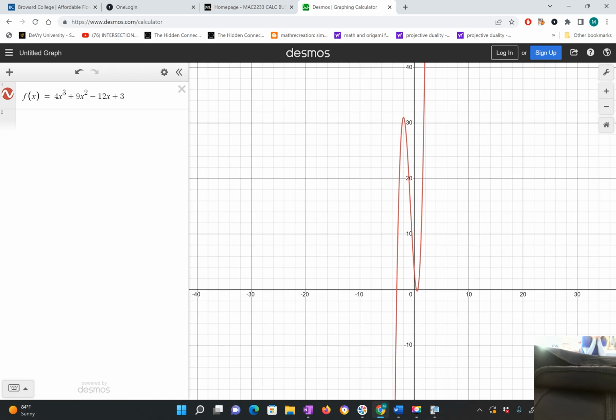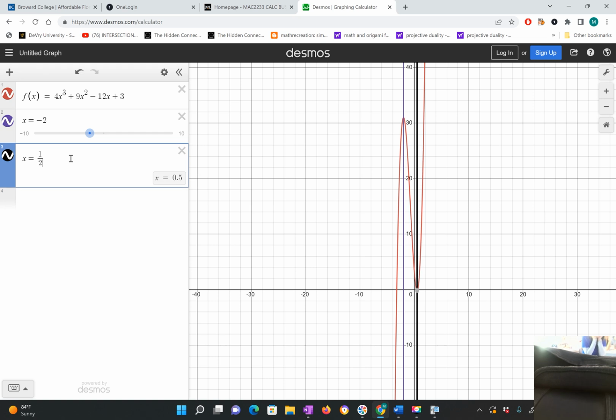Okay, so here you are. What do you think? Let's look at x is equal to -2. Do you agree? And let's look at x is, what was the other one? 1/2. So x equals 1/2. Make sense? Yeah. How do you get Desmos to give you the ordered pair?